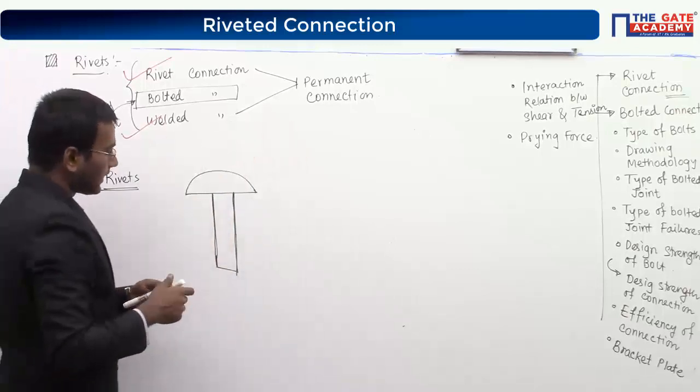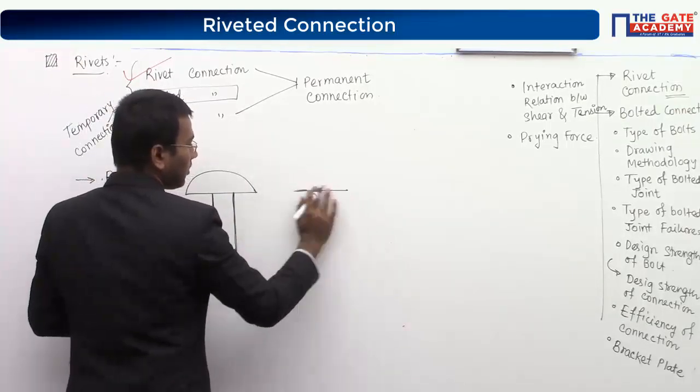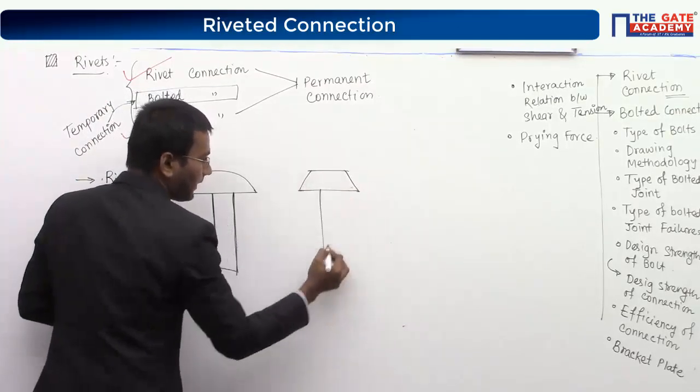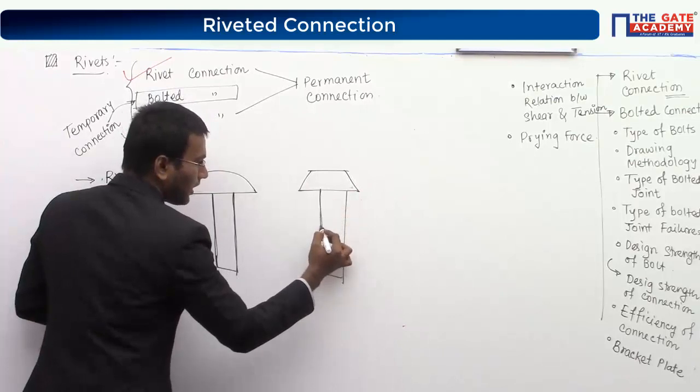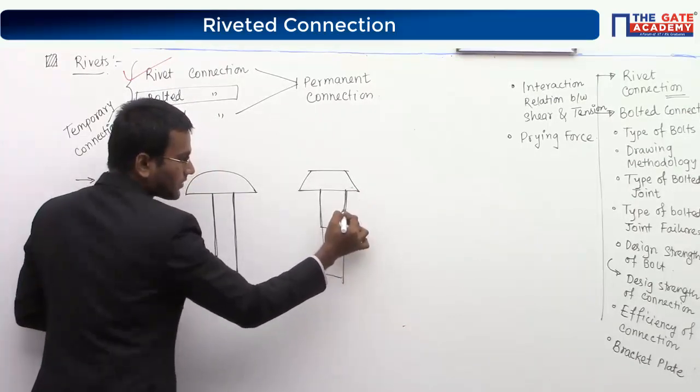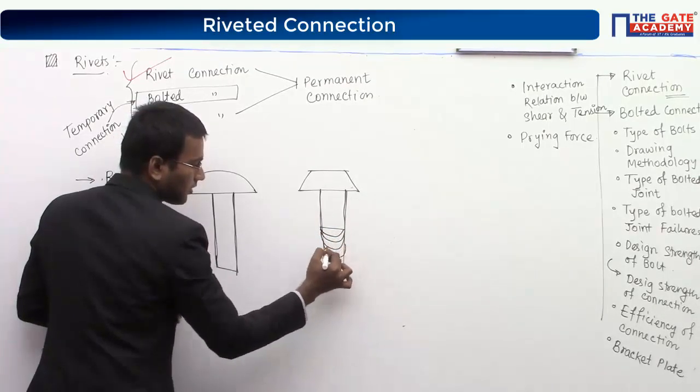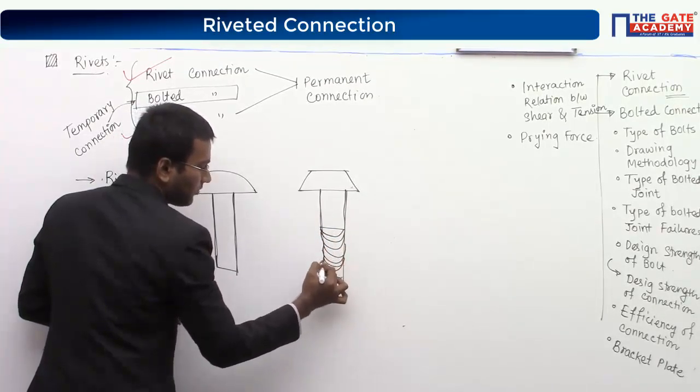But if I talk about a thread, or a bolt, you can find this portion, and up to some certain distance it is a straight portion, and after that there are some cross marks in the bolted part.